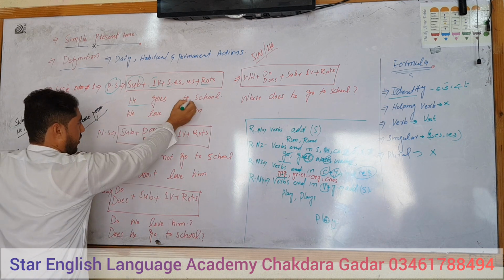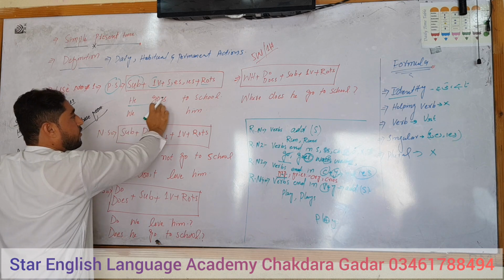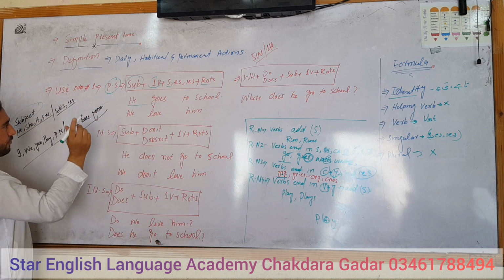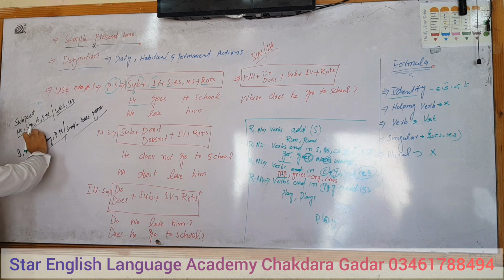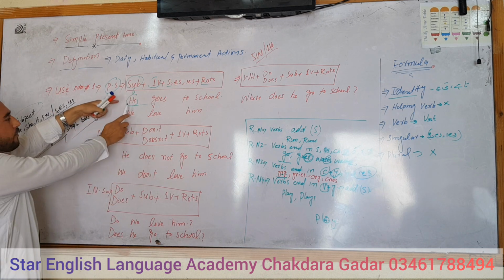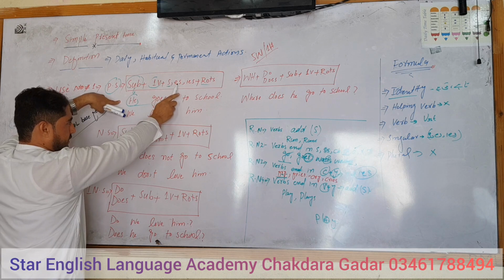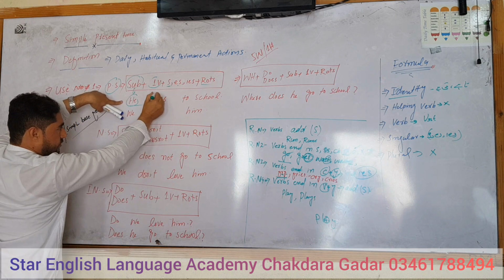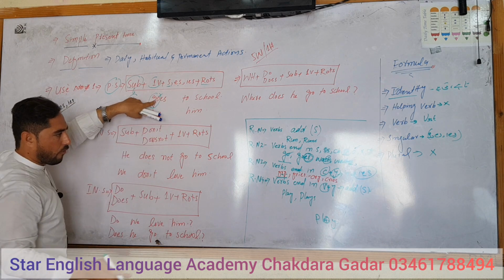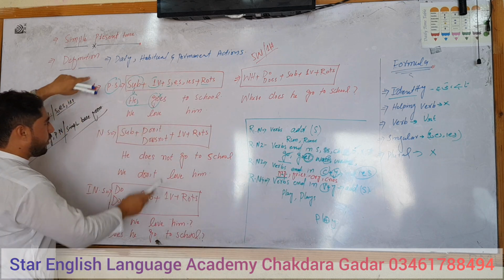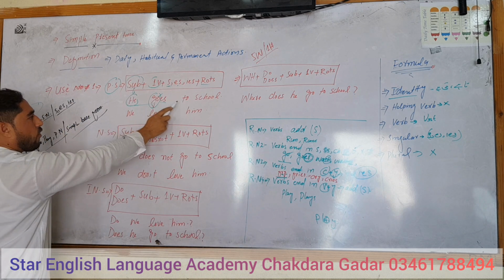For example, we wrote that he goes to school. I told you first that when the subject is he, she, it, we wrote here he. So we will add s, es or ies with the verb. This word ends with o, so we will add es. So he goes to school.